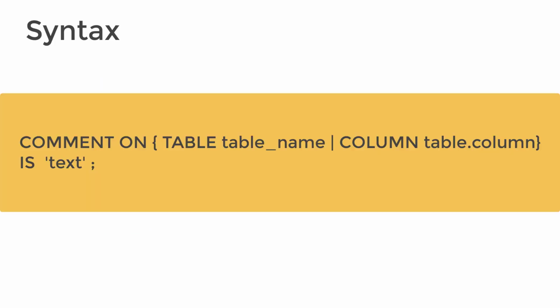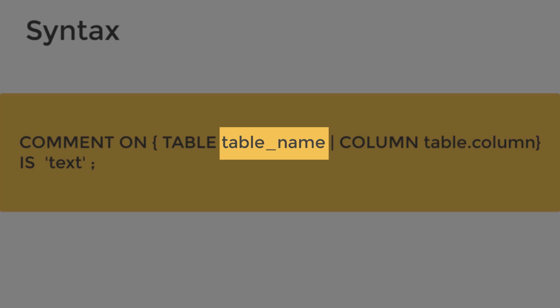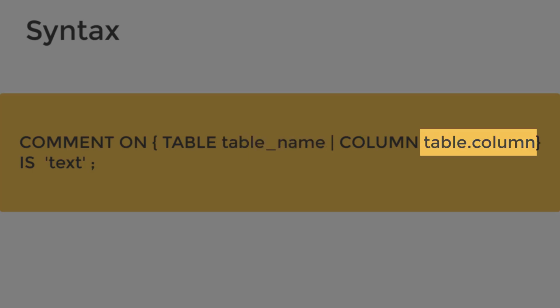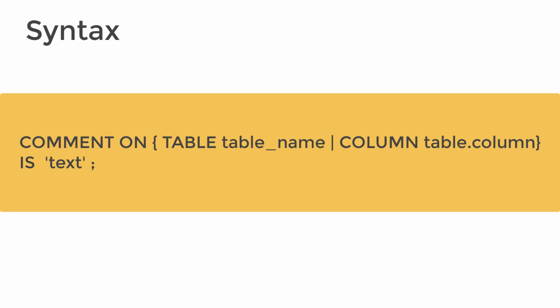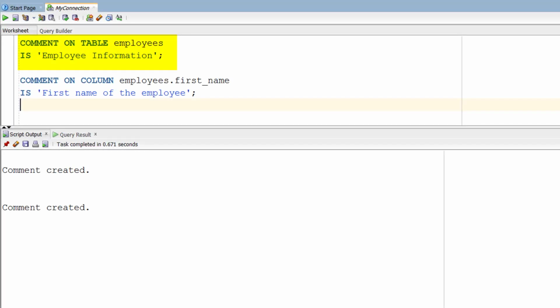In the syntax, table name is the name of the table. Column is the name of the column in a table. Text is the text of the comment. For example, to add a comment to the employees table, you can write the SQL statement as shown. This statement adds a comment to the first name column in the employees table.